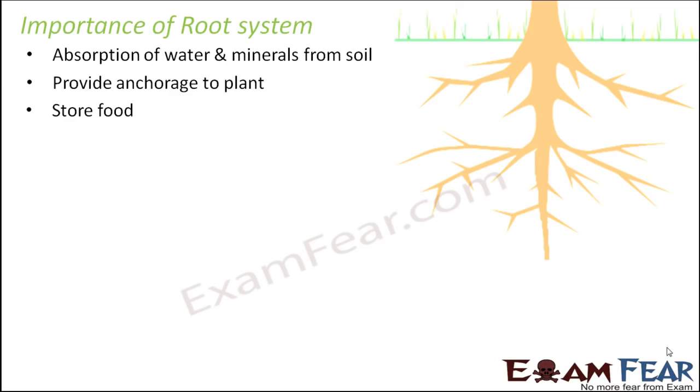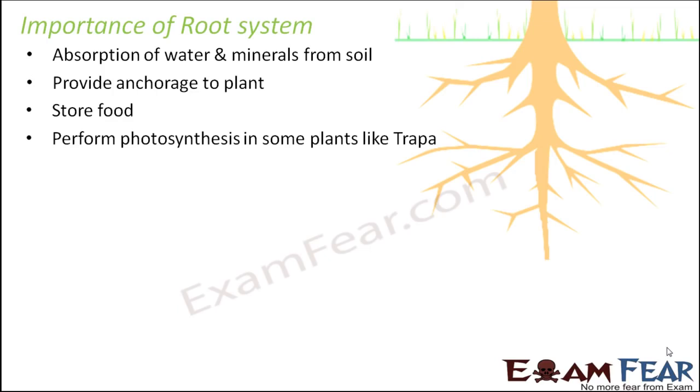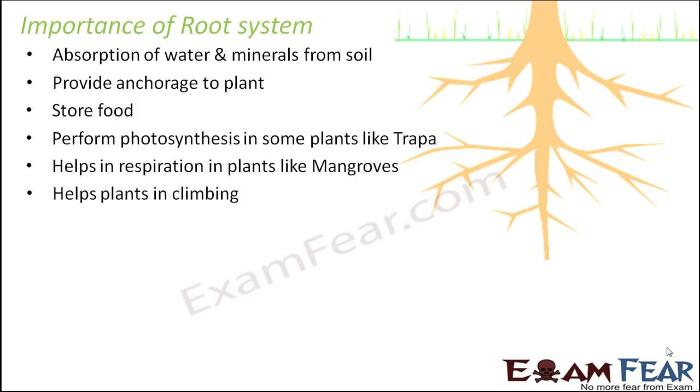This food storage happens differently in different plants. In some plants, the tap roots become swollen to store food, while in other plants, the adventitious roots are swollen to store food. Perform photosynthesis in some plants like trapa, where the roots contain chlorophyll. Help in respiration in plants like mangroves, where the roots have specialized structures called pneumatophores with lenticels which help in exchange of gases and therefore help in respiration.